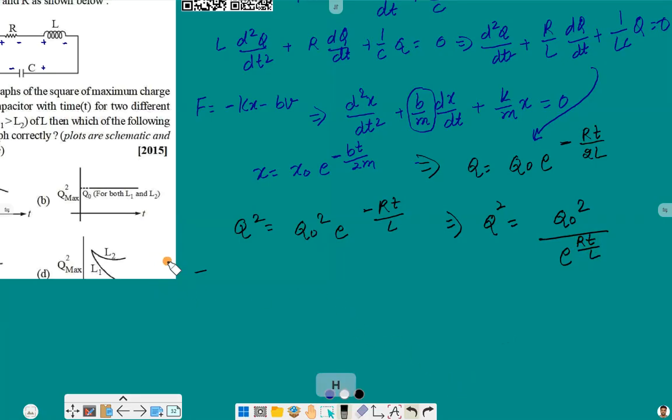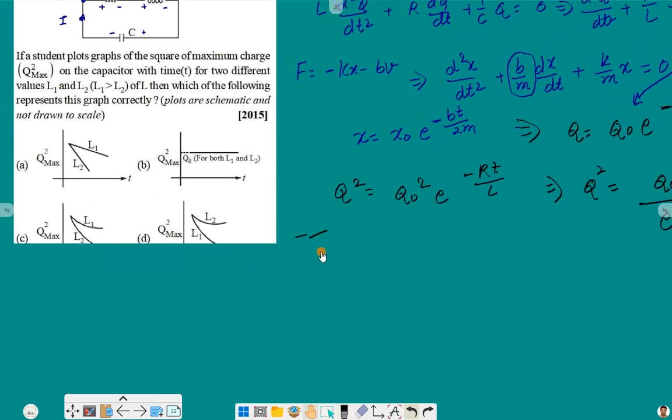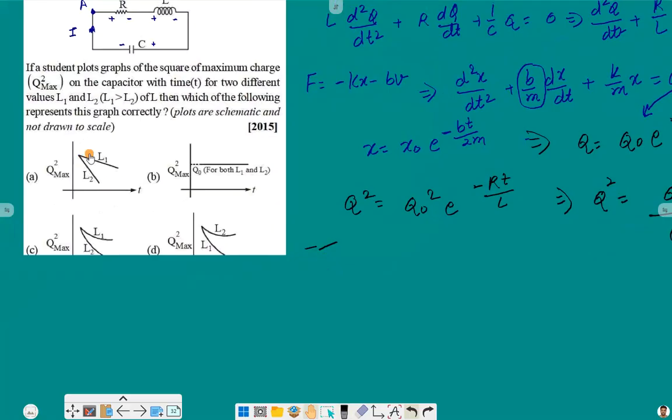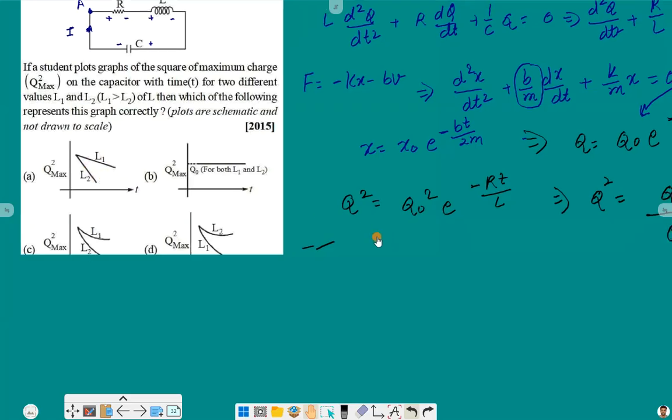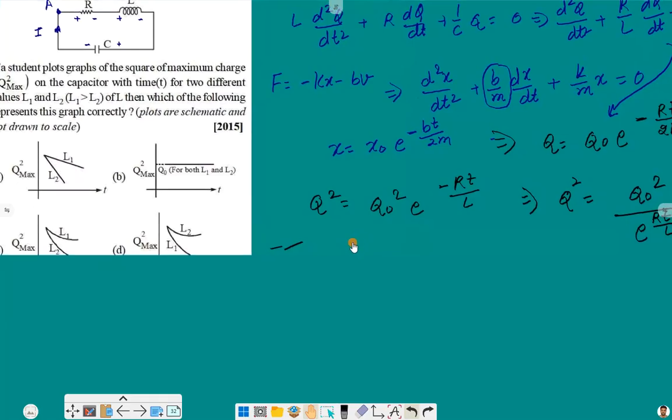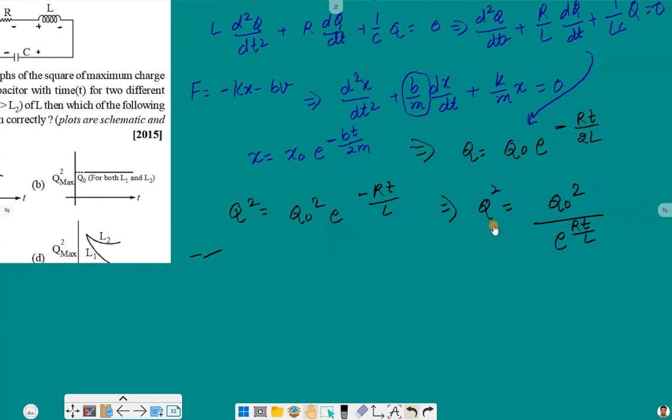Now let's come back to our original question, that we have to compare this downfall for two different inductors. First of all, this downfall should be exponential. This should not be a straight line.